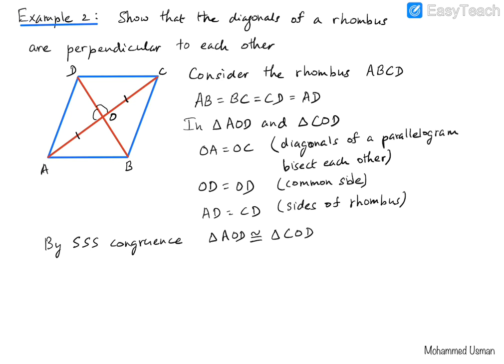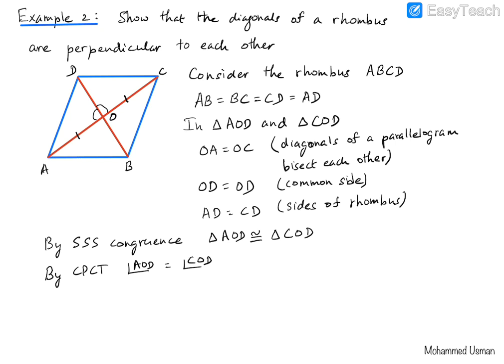These angles will also be equal by CPCT, corresponding parts of congruent triangles. The corresponding angles must also be equal. So by CPCT, angle AOD is equal to angle COD.